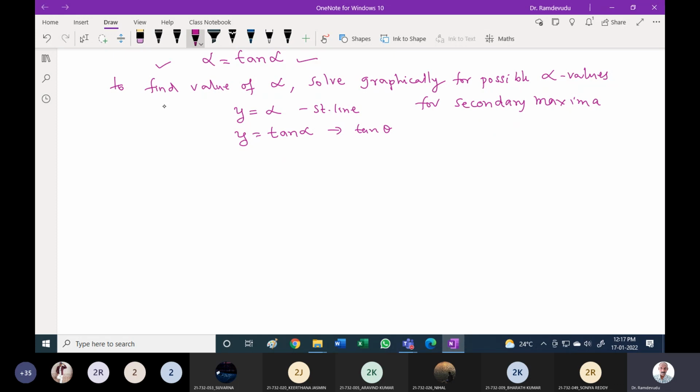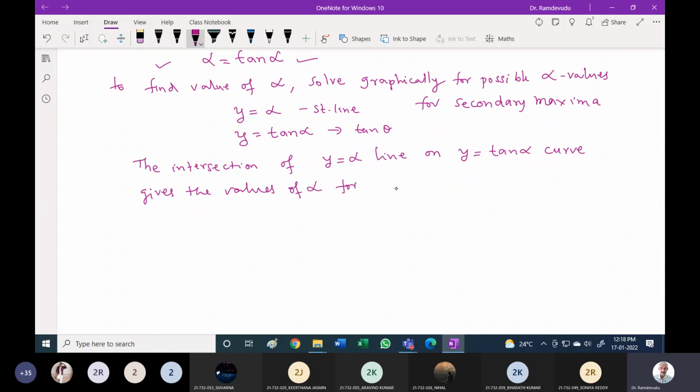That means the intersection of the y equal to alpha line and the y equal to tan alpha curve gives the values of alpha for secondary maxima.